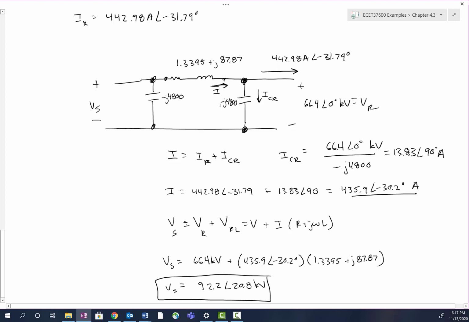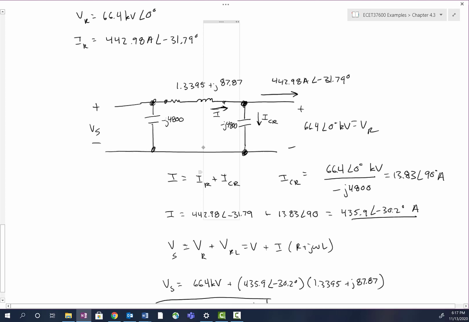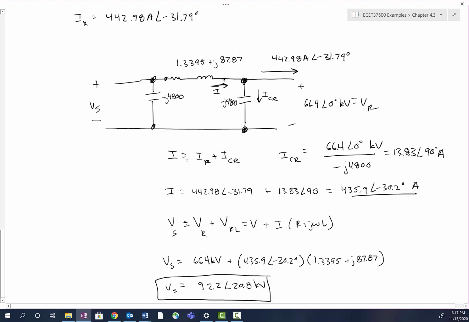So some of that has to do with the increased amount of lumped resistance and inductance because the line's longer, but some of it has to do with this additional current component that's being drawn by the shunt capacitor that we have to take into account. So that's the answer there, end of this problem.